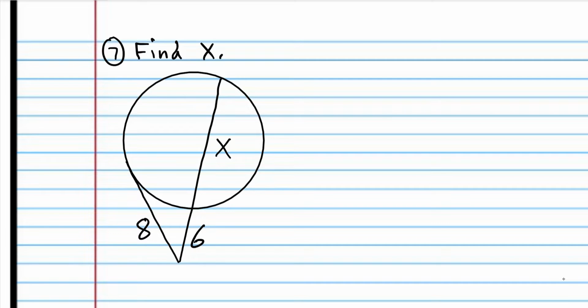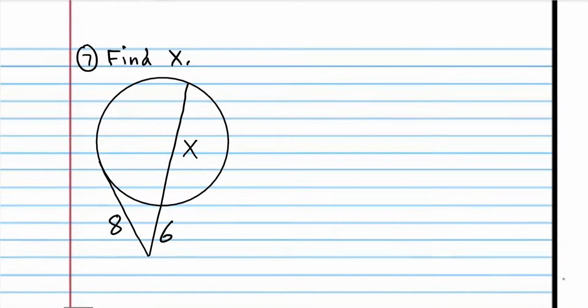For this problem, we need to use the secant tangent segments theorem. It says that if a secant segment and a tangent segment extend from a common point outside of the circle and terminate on the circle, then the square of the tangent length is equal to the product of the secant length and its external length.